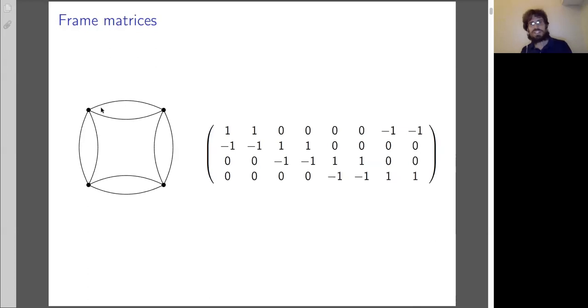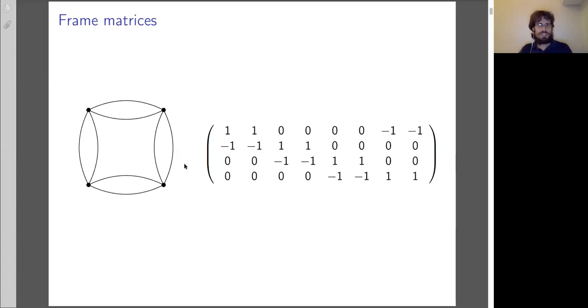Frame matroids are a generalization of the graphic matroids, which Dylan was talking about last week. But I wanted to start with something even more concrete, just to get a sense of where these constructions come from.